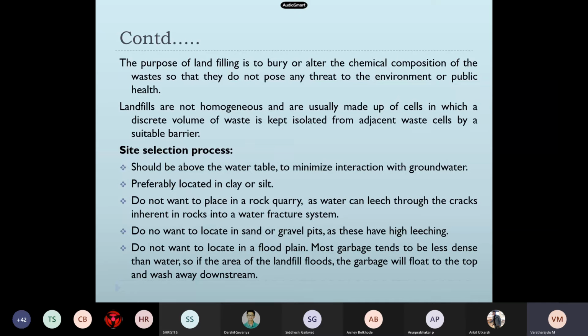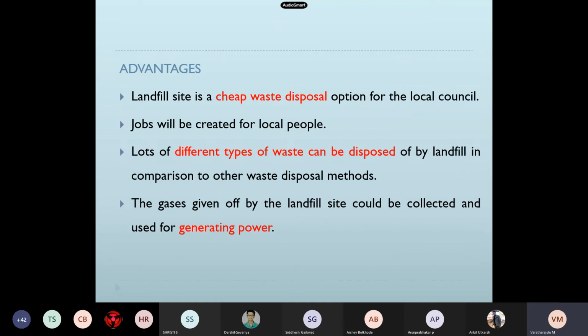An advantage is that a landfill site is a cheap waste disposal option for the local council, so the local council usually prefers landfill.